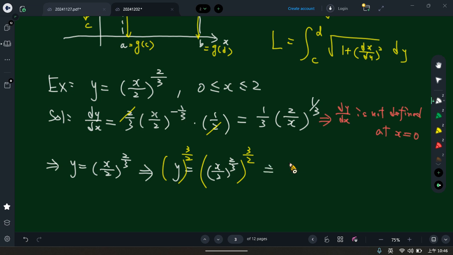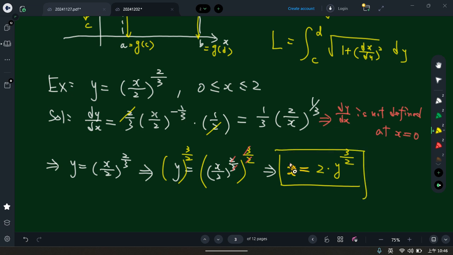So we can continue to convert it, you can see here we can cancel it, here we also cancel it. So finally we can get x is equal to 2 times y to the power of 3 over 2.